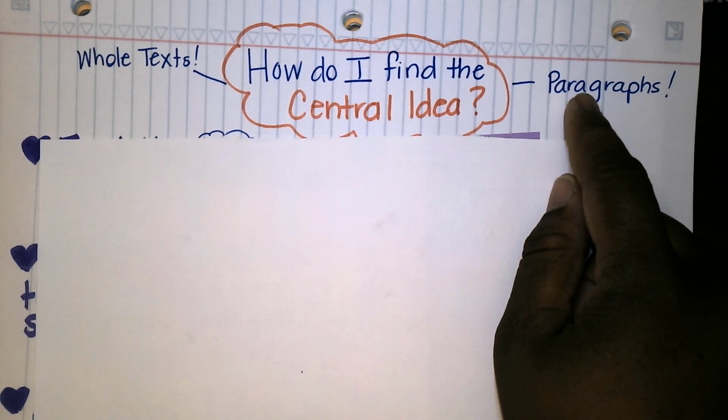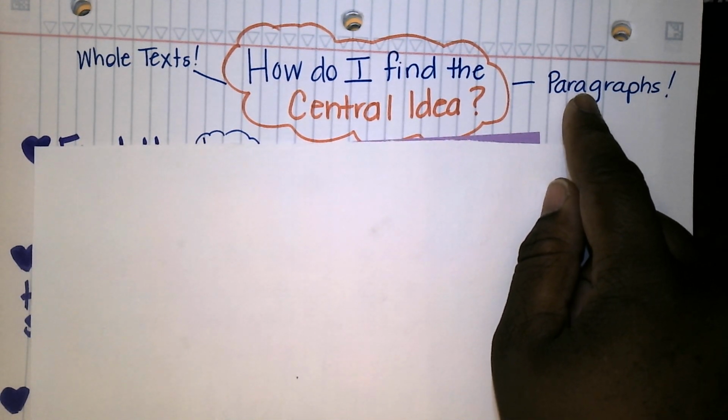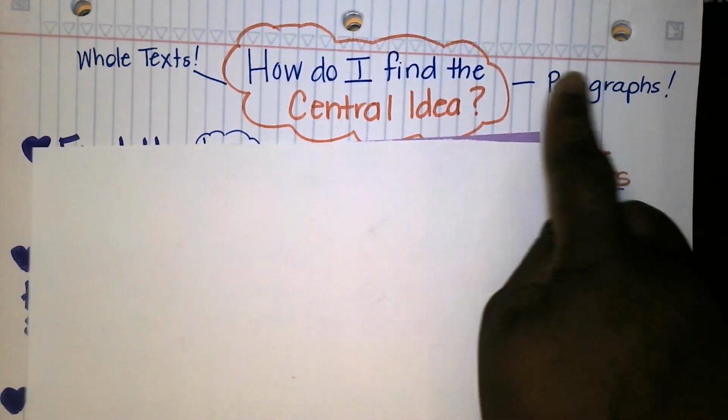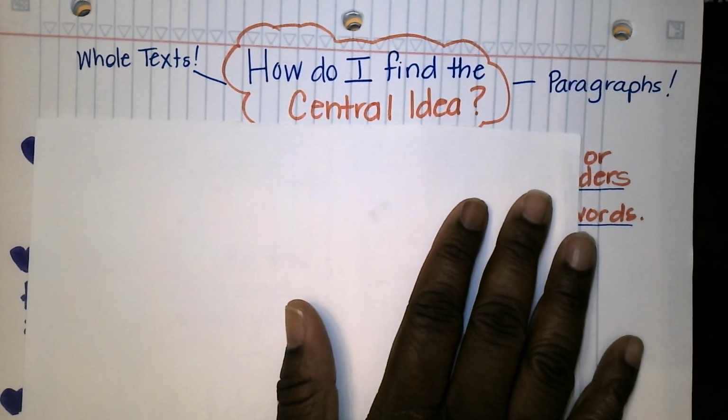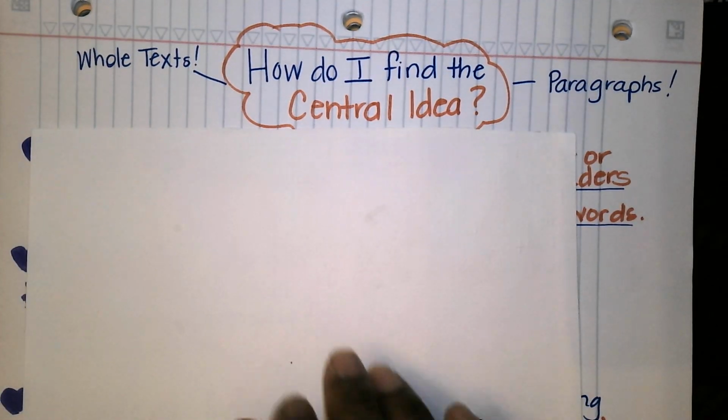Because sometimes when an author organizes a text, they want to break it down into different sections and teach you different things about that particular topic. So we're going to talk about how do we find a central idea if we're having a multi-paragraph text and it's divided up into different subtopics.